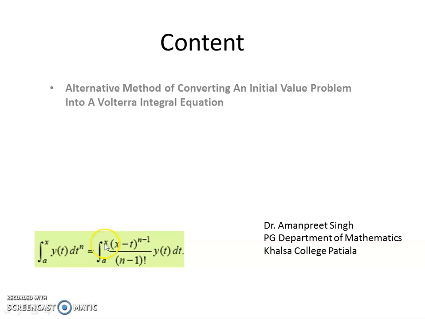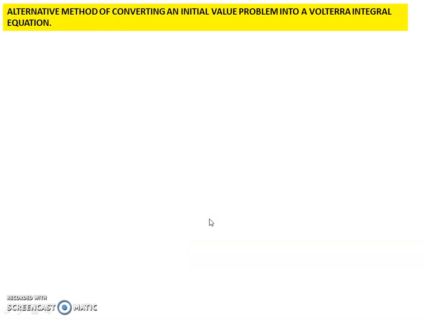So we convert into a single order integration: integral from a to x of (x minus t) raised to the power n minus 1 over (n minus 1) factorial, y(t) dt. Students are very familiar with this formula as we used this formula so many times previously. So here the article is alternative method of converting an initial value problem into a Volterra's integral equation.